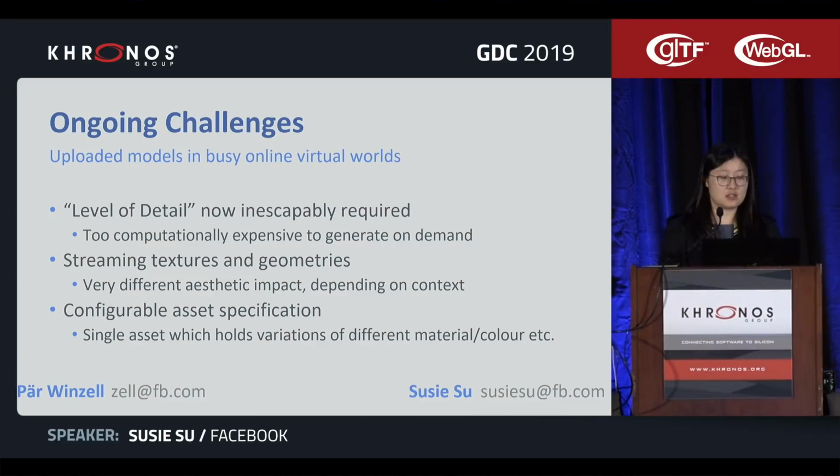So we want to have a single asset to hold all the variations of the color or the materials, but share the same geometry, so that one single glTF can do that.